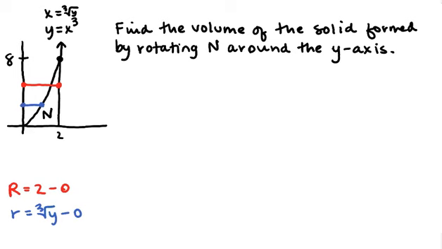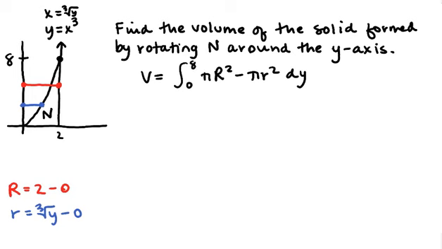Then when I go to take the volume, I know that the volume is the integral of pi r squared minus pi r squared. We're adding up and down, so it's going to need to be with respect to y, and just like the other one, it runs from 0 to 8.